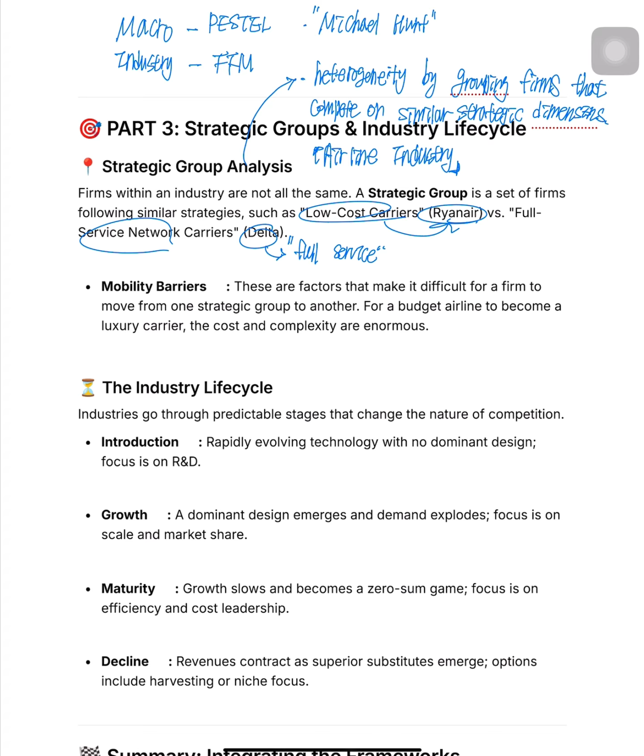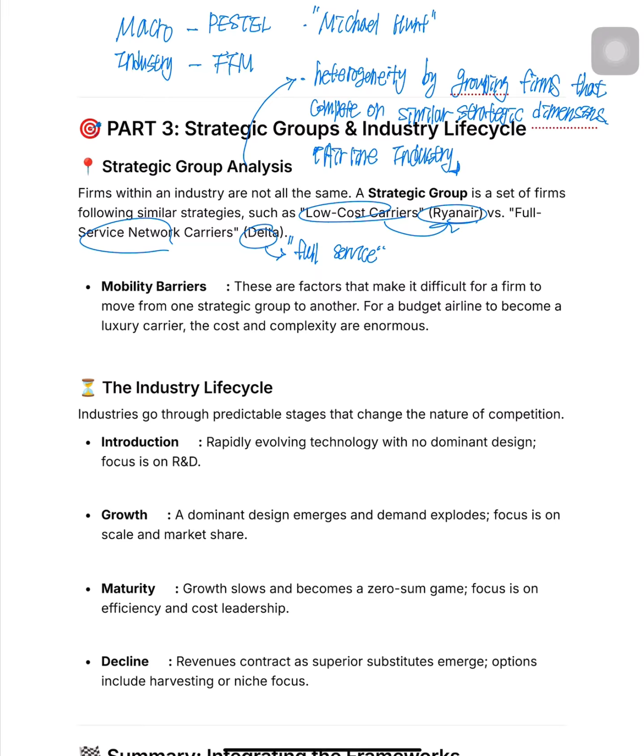But Ryanair and EasyJet compete intensely with each other for price-sensitive leisure travelers between European cities, and that rivalry centers on ticket price with virtually everything else stripped away.